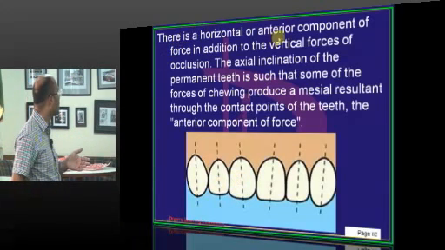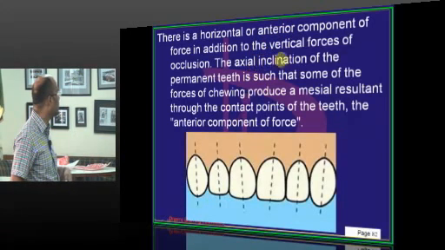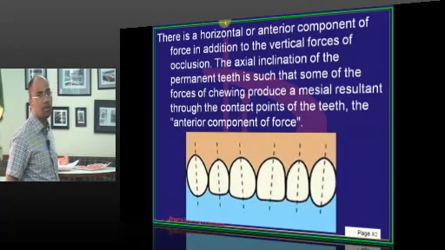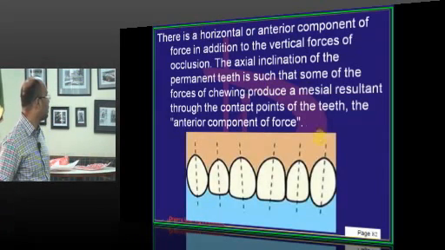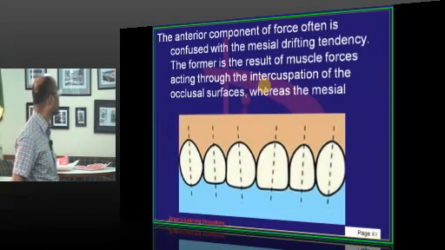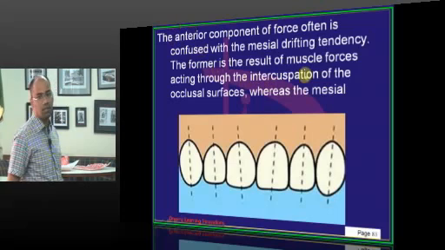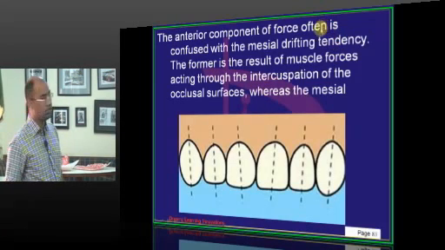This is a horizontal or anterior component of force in addition to the vertical forces, and the axial inclination of these teeth is what causes the force to generate. So this is referred to as the anterior component of force, and this is often confused with the mesial drifting tendency.